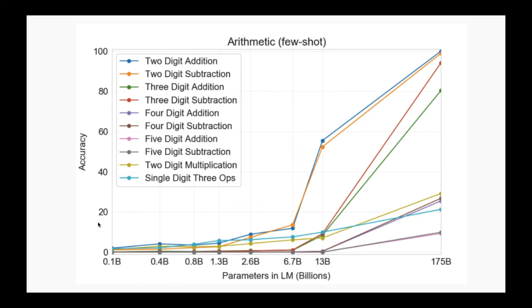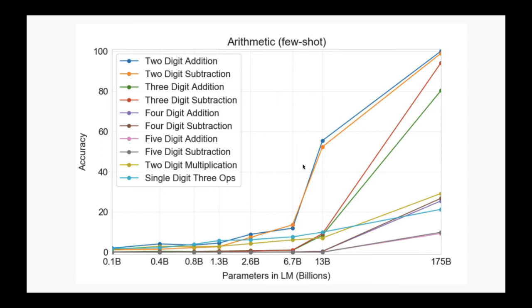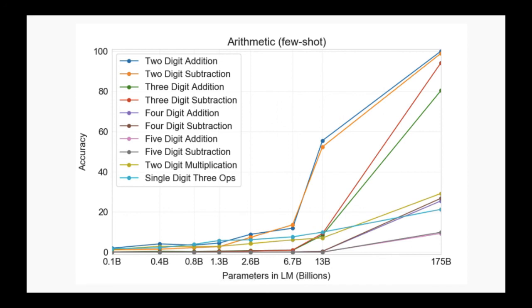You can see that when the model sizes are small, GPT-3 models barely can do this kind of arithmetic task. But when you increase the parameters to over 1 billion, and then over 10 billion, you can see something magical happen. The accuracy for 2-digit addition and subtraction increases drastically. It's over 50%.